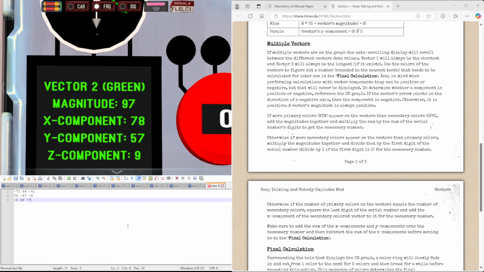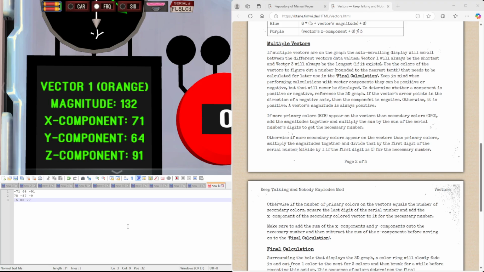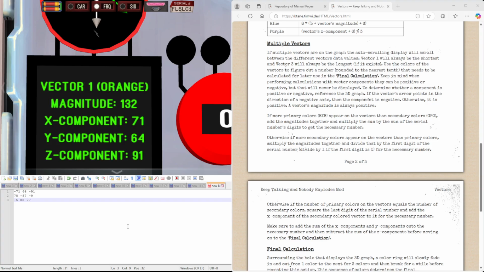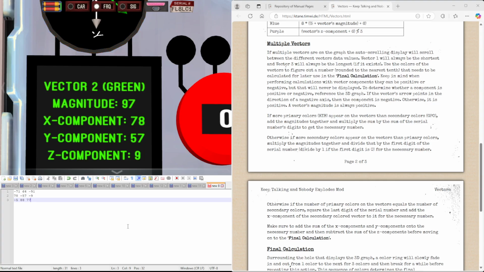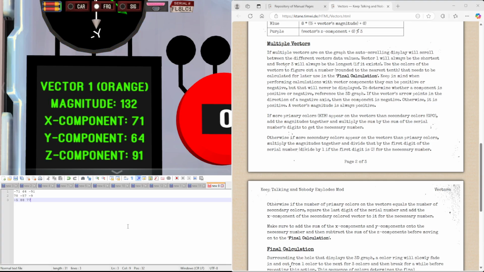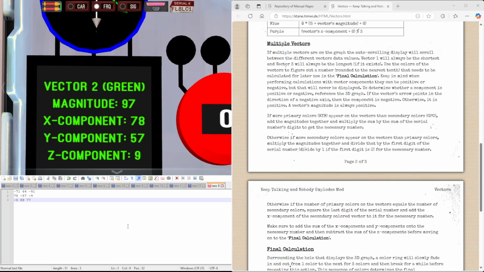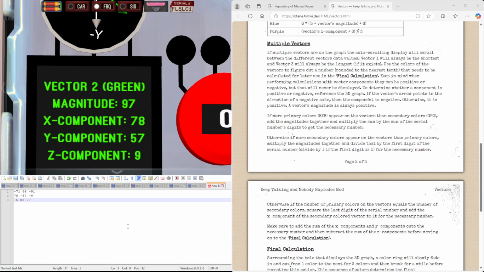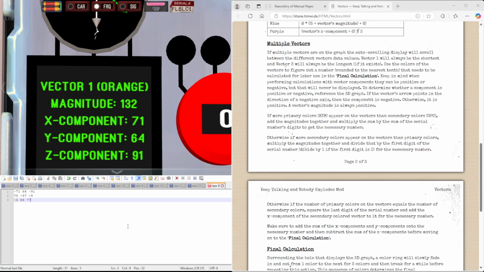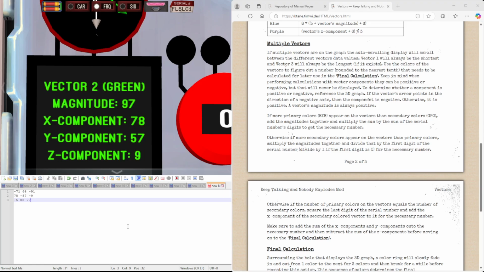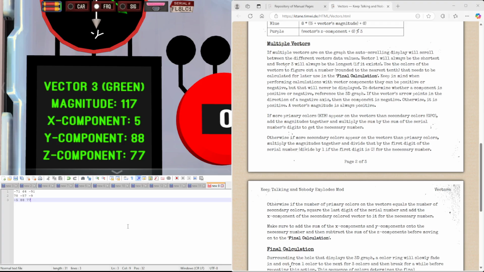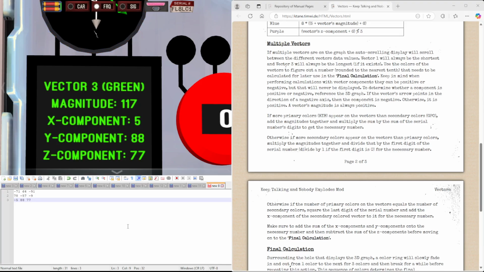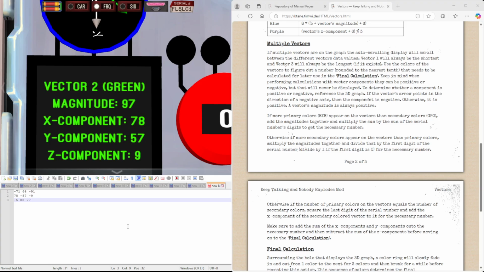Multiply the magnitudes together, so that would be 32 times 97 times 117, divided by the first digit of the serial number, so 8.